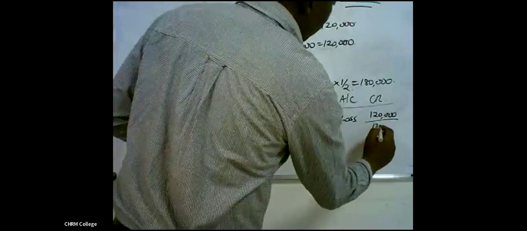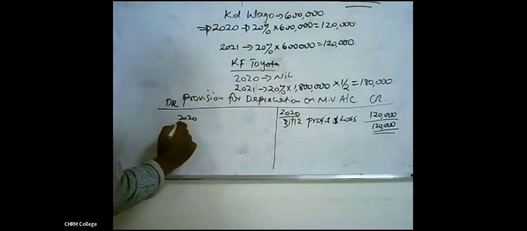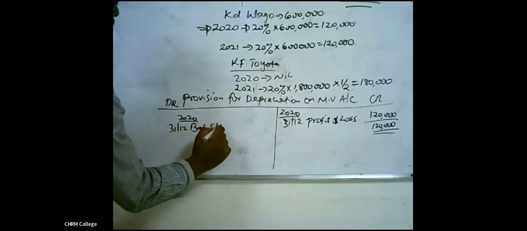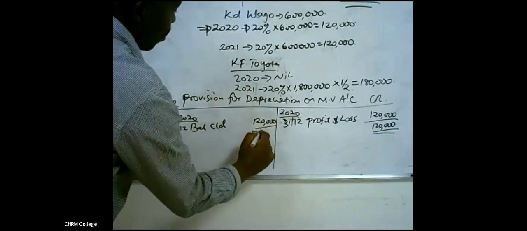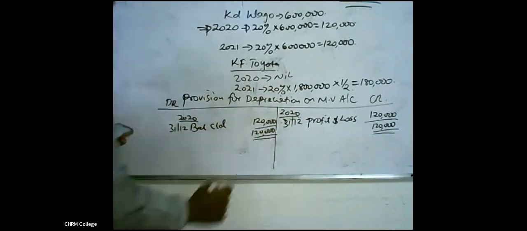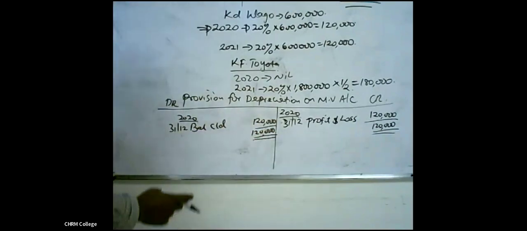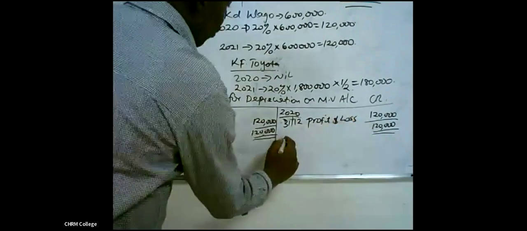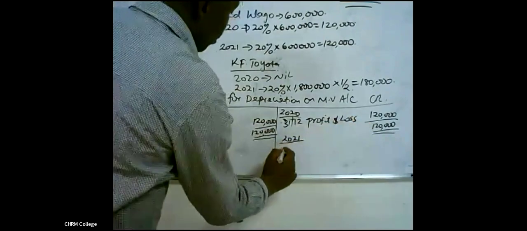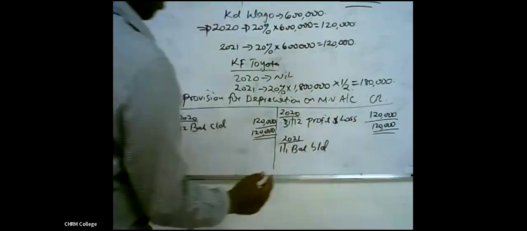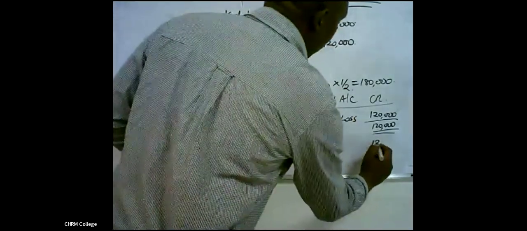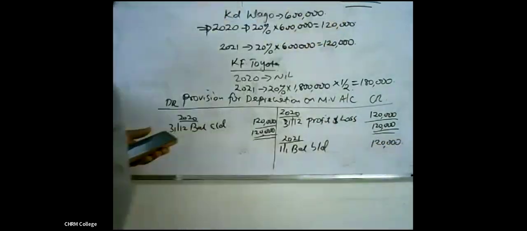Then the balance that year, that part of December, the balance carried down is 120,000. The closing balance here, it is the opening balance when we get to 2021. So 1st of January, our balance brought down will be this 120,000 that we close there again.